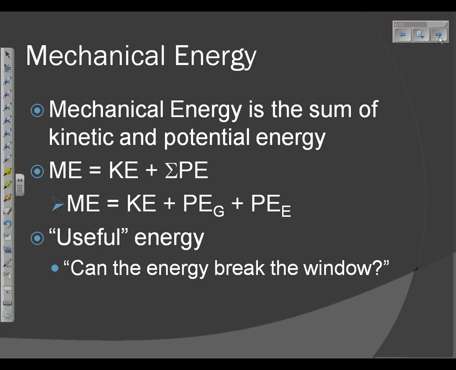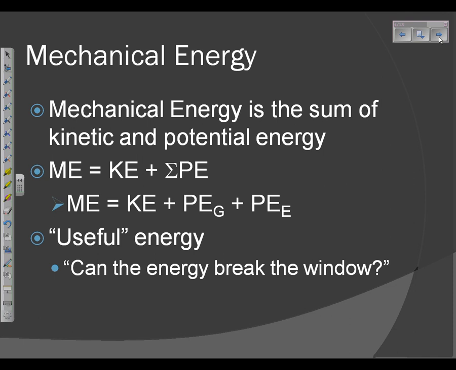if we look at all those other types of energy, every cell in my body is made up of tons and tons of atoms. All of those atoms have a nucleus. That nucleus, for me, is stable. But if we could somehow make that nucleus fall apart, that's nuclear energy. Also, all of those atoms and molecules that make up my body are vibrating, and now they're vibrating even faster because I'm moving around, and that creates heat.